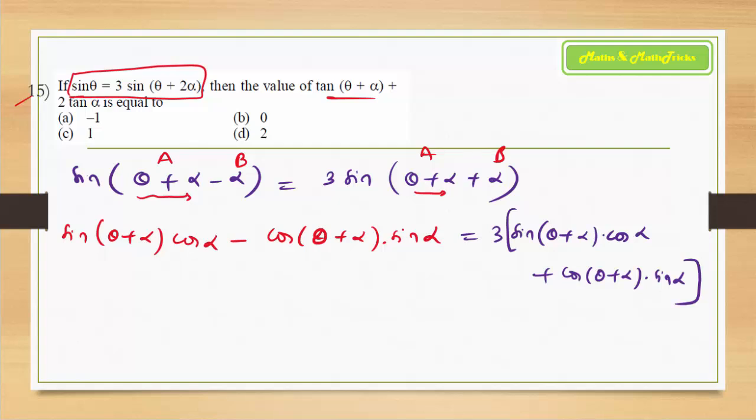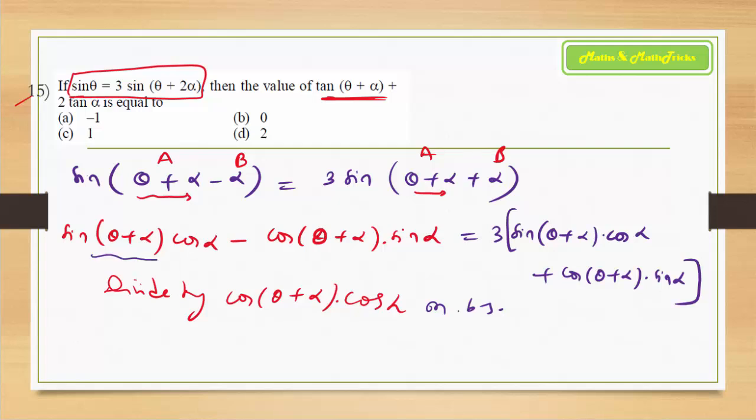You want to convert this into tan of theta plus alpha, so you should divide throughout by cos of theta plus alpha and cos alpha on both sides.